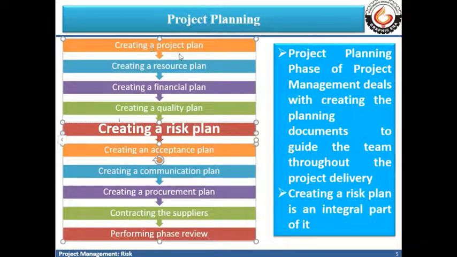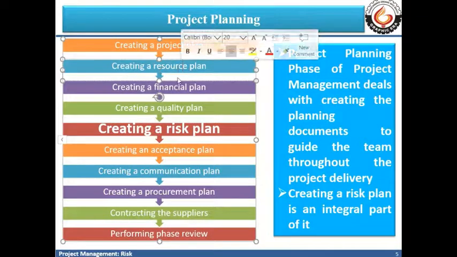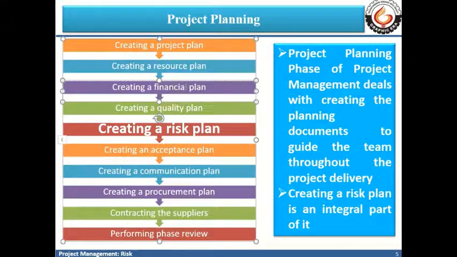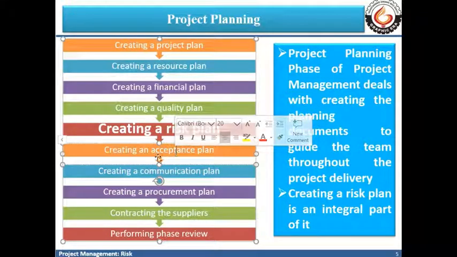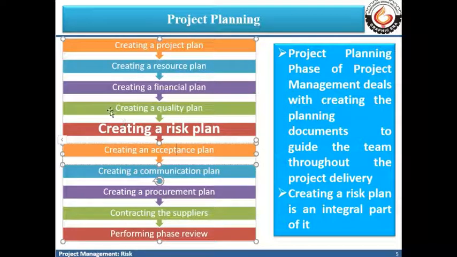So typically it begins with creating a project plan, then the resource plan for resource requirements, the financial plan for financial requirements, a quality plan, then a risk plan, then how to get acceptance from the various stakeholders, that also involves planning. How you communicate with the involved stakeholders is another element which comes under the creation of a communication plan.